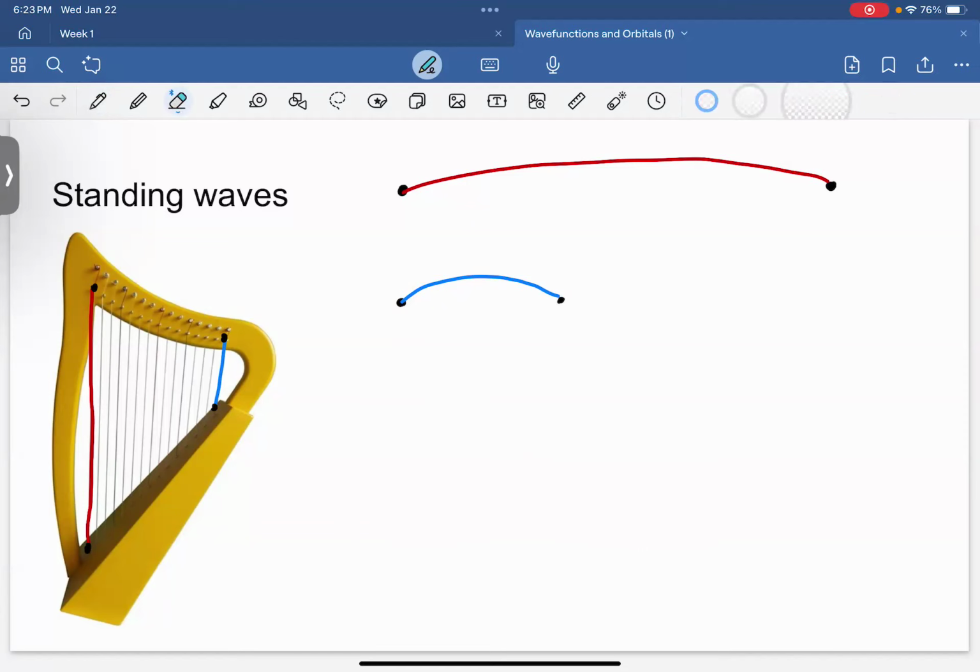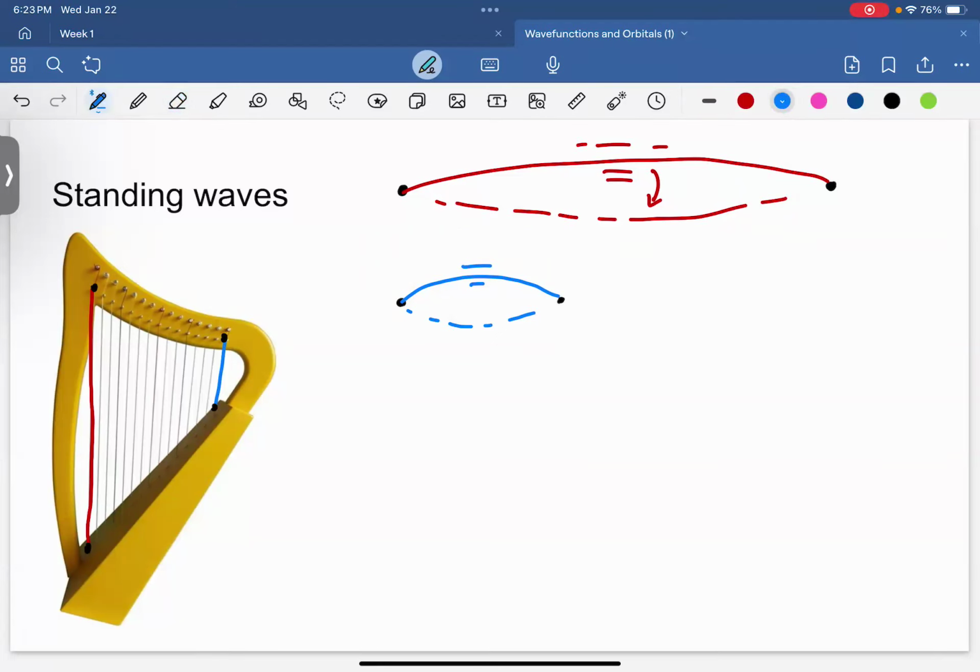A standing wave oscillates back and forth: at some point in the future, the wave is flipped downwards. It's vibrating back and forth between these two positions, and similarly for my blue one.